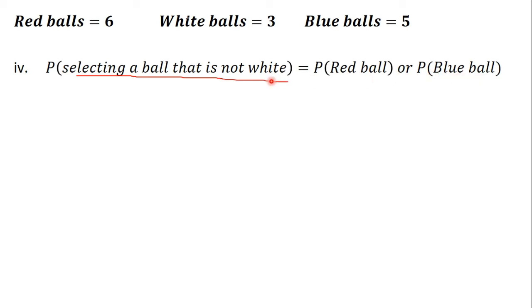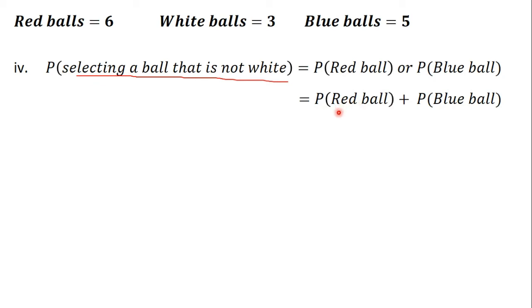We have learned that when we see or, we are going to replace it with addition. So here we replace the or with an addition sign, which will give us probability of selecting a red ball plus probability of selecting a blue ball.